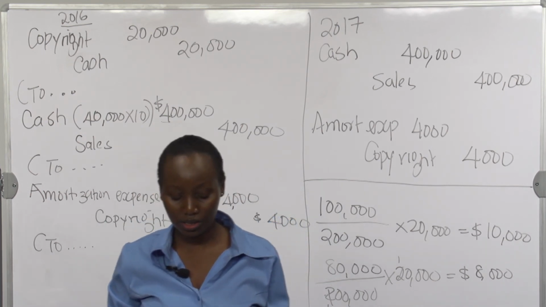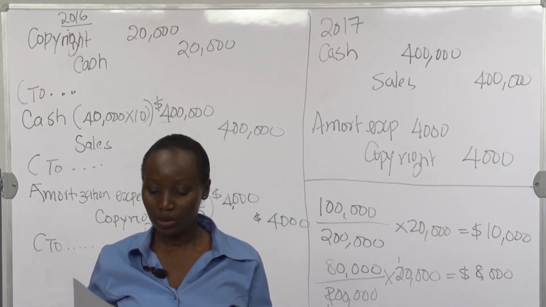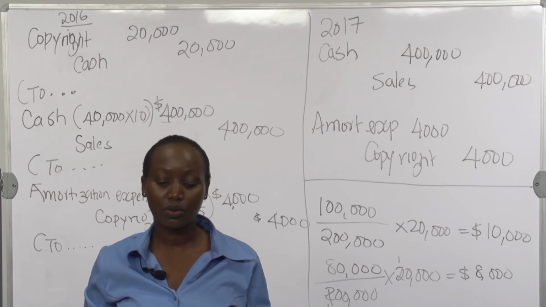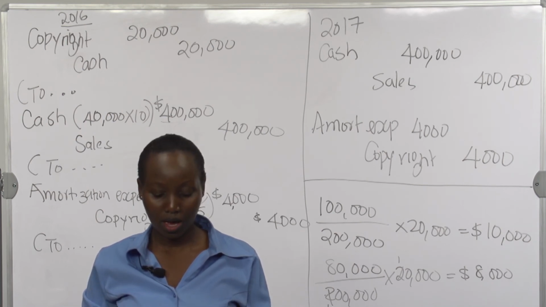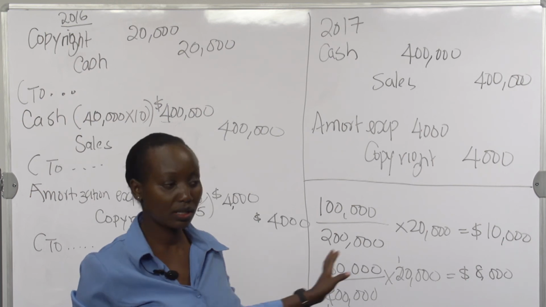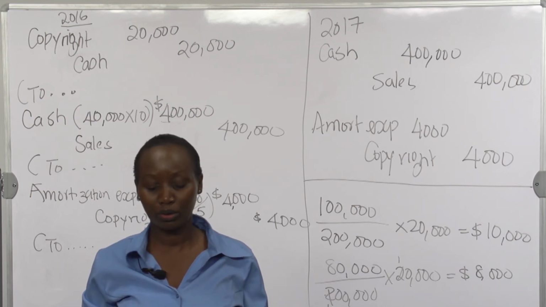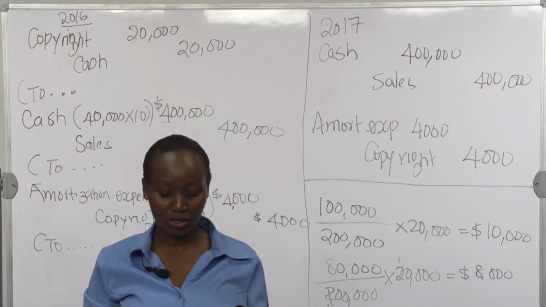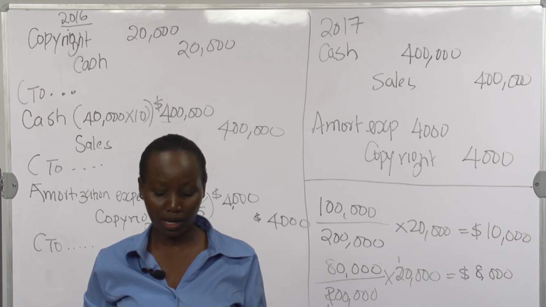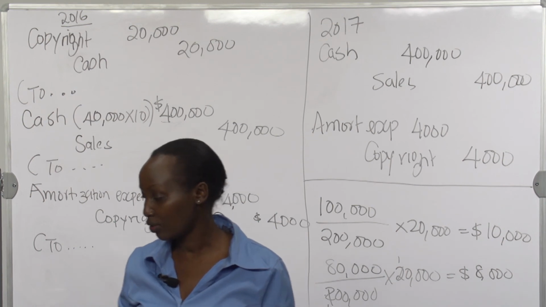So it would change in that manner. An important note is that if the percentage of revenues yields a higher number, we go with the higher number compared to straight line, if we have that information.